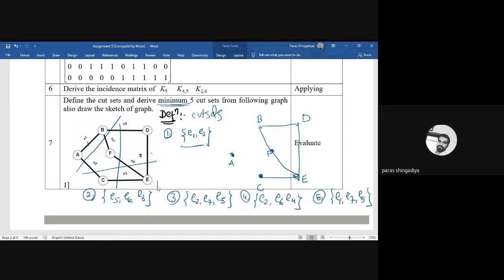Okay, is there any confusion in deriving the answer for anyone? Yes, do you have any doubt about deriving the cut set example?